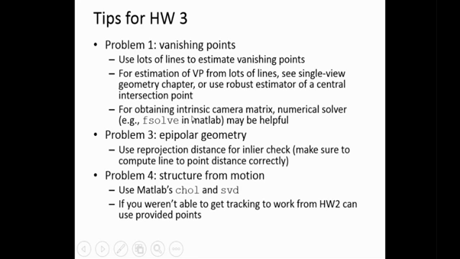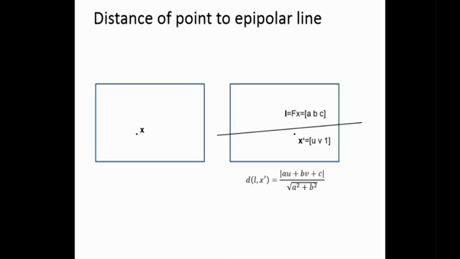For getting the intrinsic camera matrix, you can use a numerical solver like fsolve if you want. And for epipolar geometry, make sure that when you compute the distance of a point to a line, note that we have a constraint that x prime transpose F x equals 0, but x prime transpose F x is not equal to the reprojection error. To solve for it, you have to do F x to get your line equation.